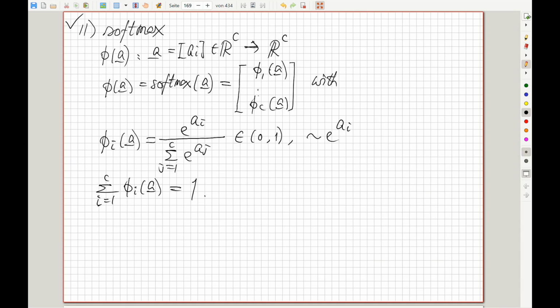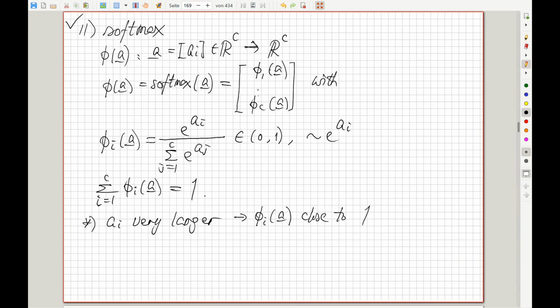So I'm going to give you some comments. You see, if Ai is very large, much larger than the other elements, then the corresponding output is close to 1, right?